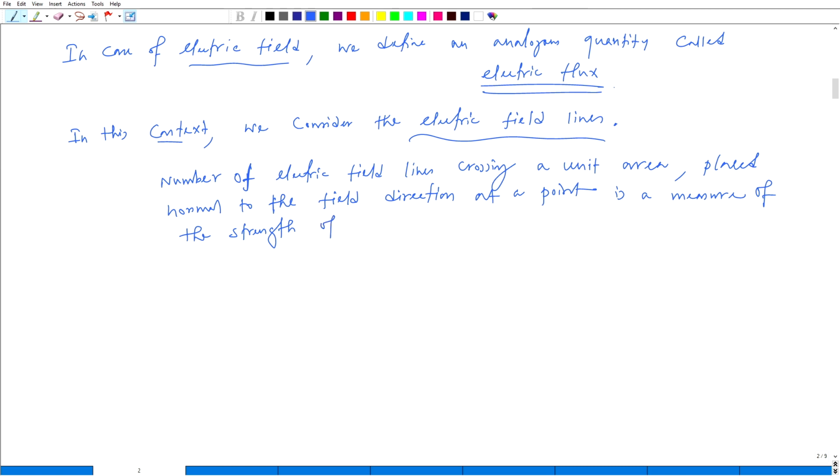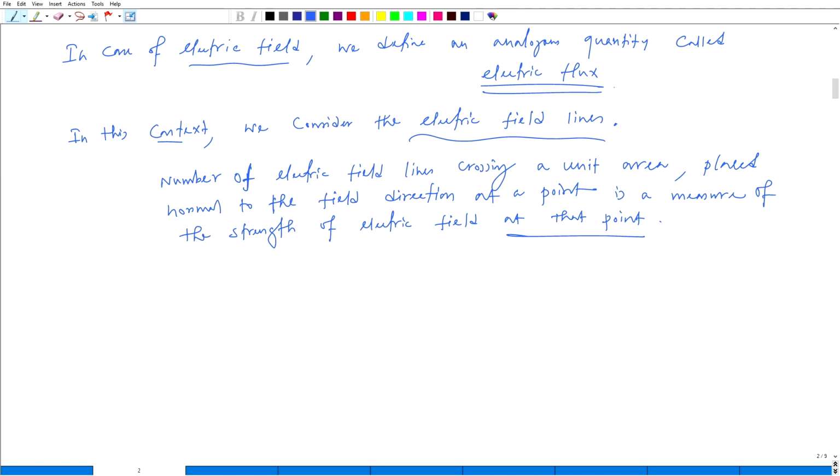So basically that is the number of electric field lines crossing a unit area placed normal to the field direction, and this surface is placed at a point where we measure the strength of the electric field.